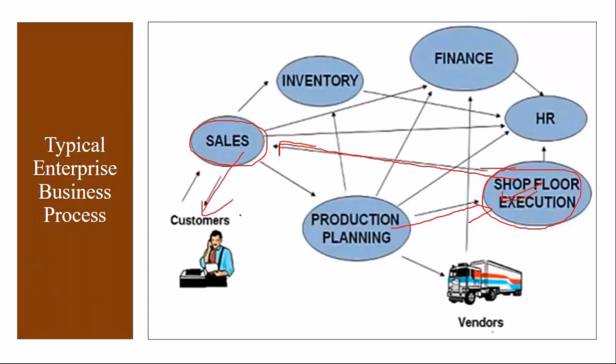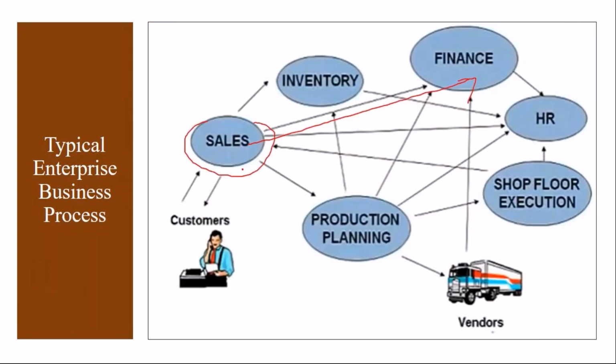Now the production planning department updates the finance department with the payments made to the vendors for the raw materials they purchased. At the same time, the sales department updates the finance department with the revenue generated after the sales of the product.